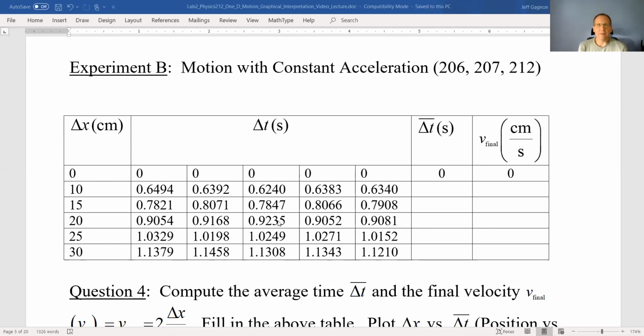And again, I got these values by starting the cart so that the flag was just ready to trigger the photo gate. I released it, it accelerated down, and these are the times it took the flag to pass through the photo gate for each of those flag lengths, for the 5 flag lengths. So for the 10, 15, 20, 25, and 30 centimeter flag lengths.